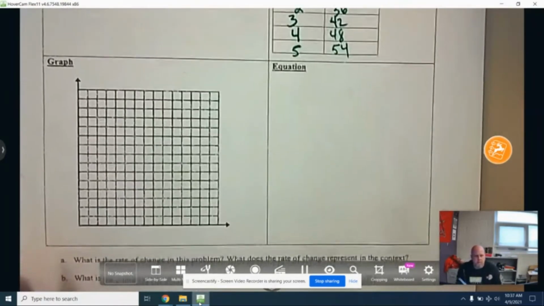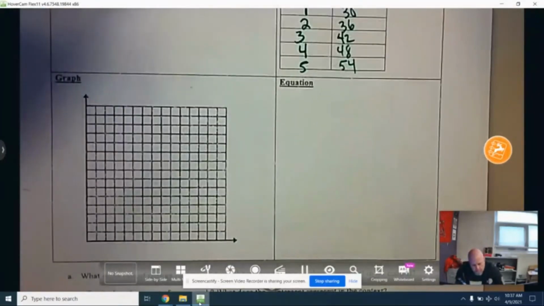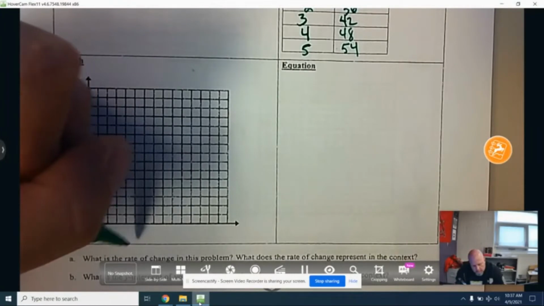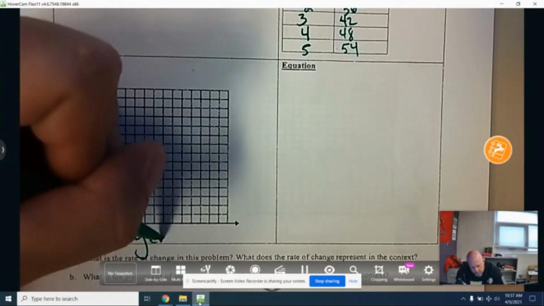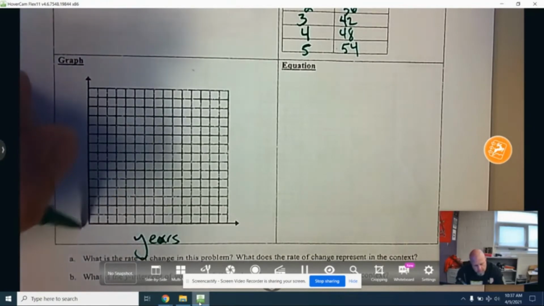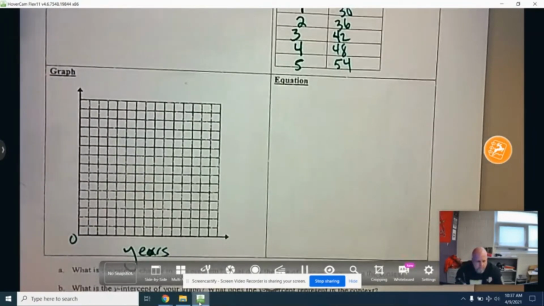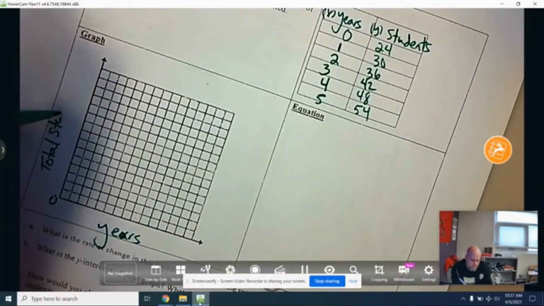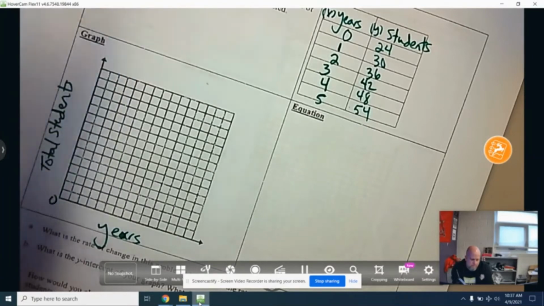All right, so now we go to the graph, and we need to put our labels on it. So the x-axis, we could say this is the years. Okay, I always want to put a 0 there. And the y-axis, I can say total students.